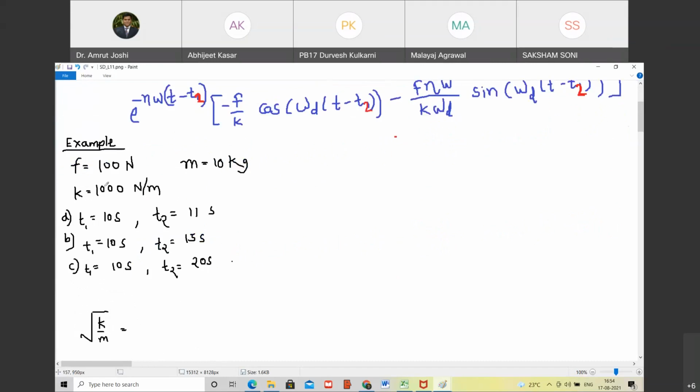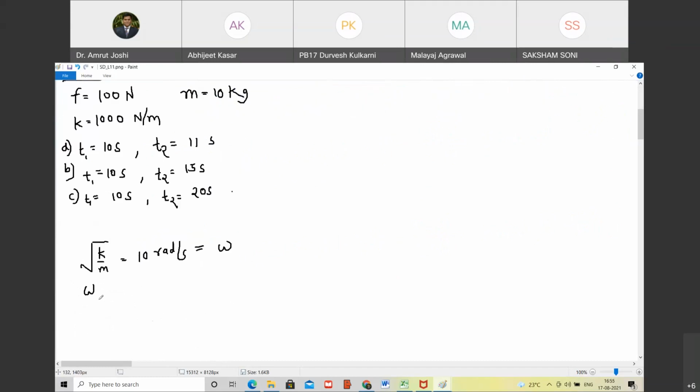Now root k by m, we have already done that. We will quickly do this. Root k by m is going to turn out to be 10 radian per second, which is nothing but omega. And omega d is the damped natural frequency, which is 10 multiplied by square root of 1 minus eta square. So what is eta?